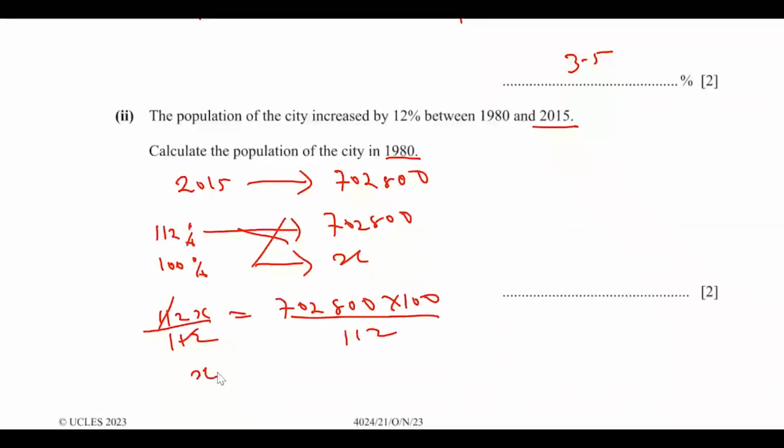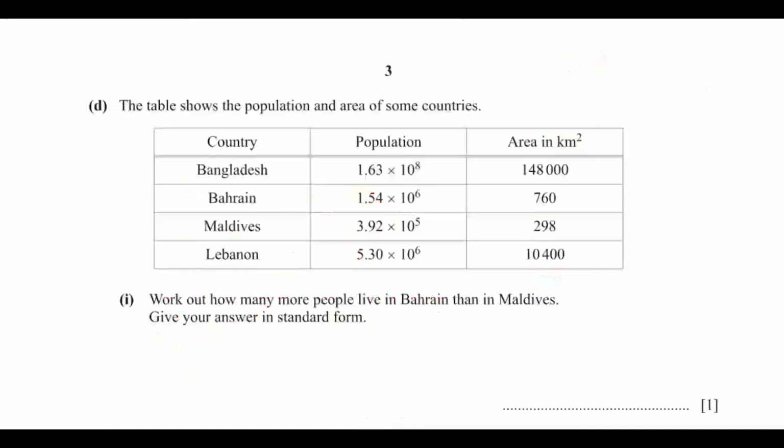So x is the population in 1980, and if you input this into your calculator, you should get 627,500. That was the population in 1980. So let's go to the next question. That will be part D.